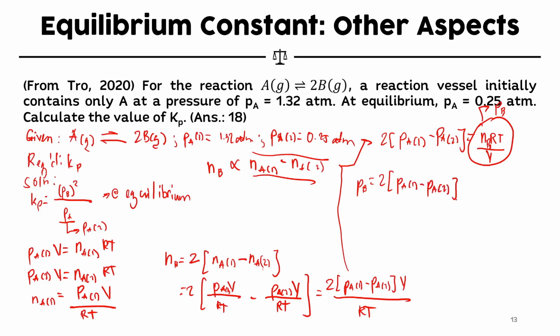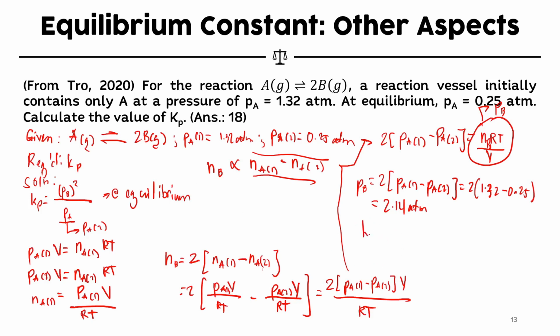So we substitute the values: that is equal to 2 multiplied by 1.32 minus 0.25, which is equal to 2.14 atmospheres. Now we can solve for our Kp by substituting our values.